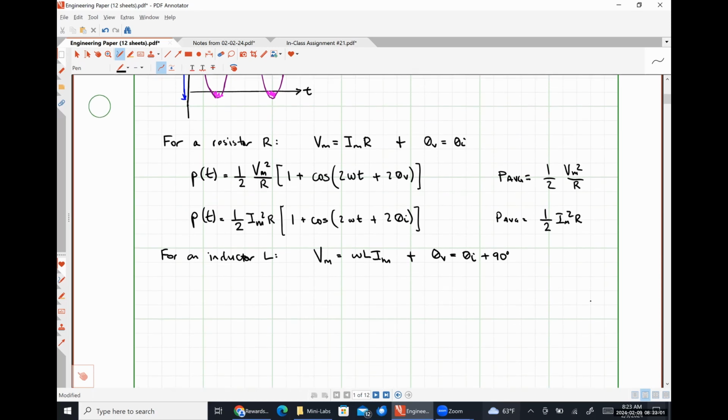So let's look at our instantaneous power relationship in terms of the voltage again. So the 1/2 is going to look like 1/2. The VM is going to look like VM.